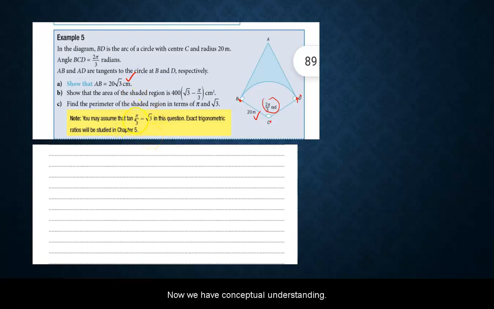Now we have conceptual understanding. What are you given? What do you know? You start from what is known to what is unknown, right? We are to show that AB is 20 root 3.